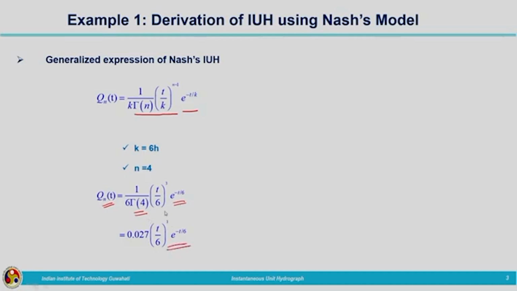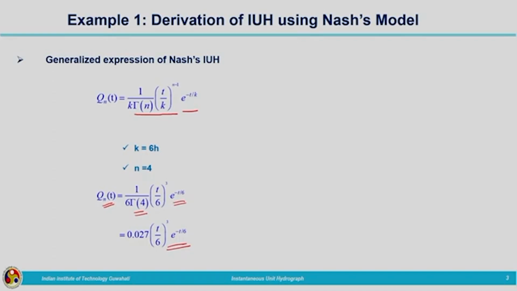This is the expression for our IUH. Now what we need to do? For different t values we need to calculate the ordinates of the IUH, and after that we need to plot, and also from the table we can find out the peak discharge and time to peak.